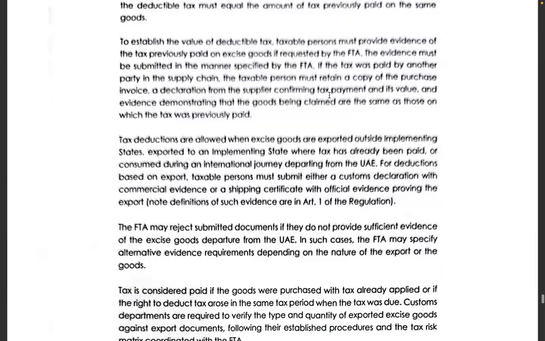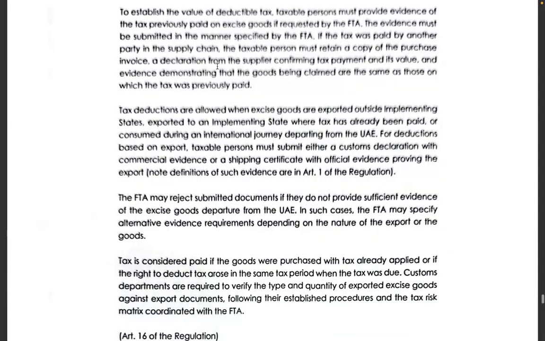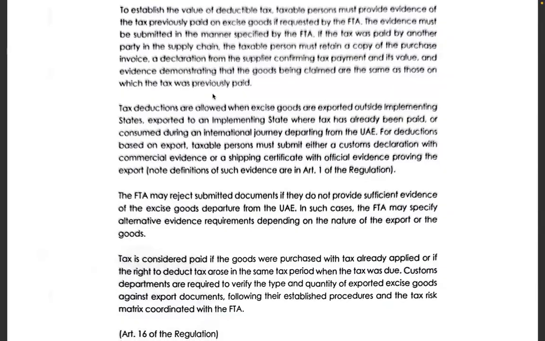If the tax was paid by another party in the supply chain, the taxable person must retain a copy of the purchase invoice, a declaration from the supplier confirming tax payment and its value, and evidence demonstrating that the goods being claimed are the same as those on which the tax was previously paid. So, evidence of the same goods, evidence of payment, everything will need to be provided to FTA if FTA so desires.